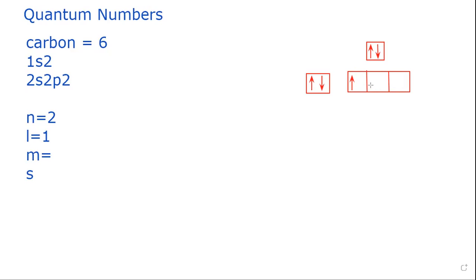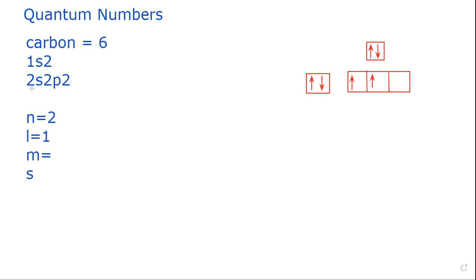It's going to be in the next orbital. And if you have a third electron, it would be here. Once you have all the electrons represented by arrows pointing up, then you will start putting the electrons pointing down. So the fourth electron for P would be pointing down in the first orbital here. But we don't have 4 electrons. We have only 2 in P.